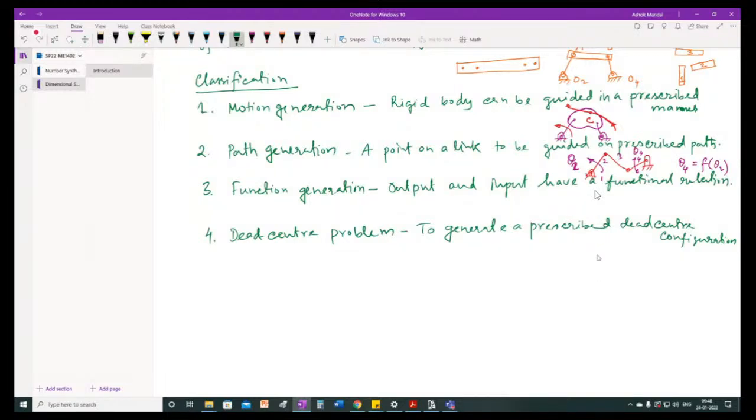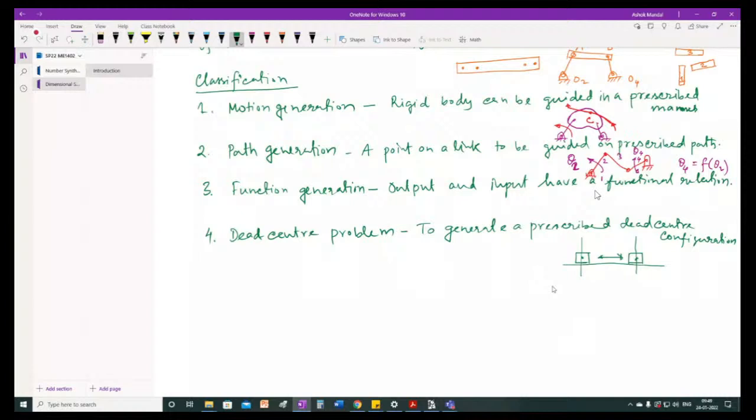For a slider crank mechanism, you know that the slider can move from this point to this point, from this point to this point. So these 2 points are two extreme positions. This is the motion of the slider, and these two are the extreme positions.